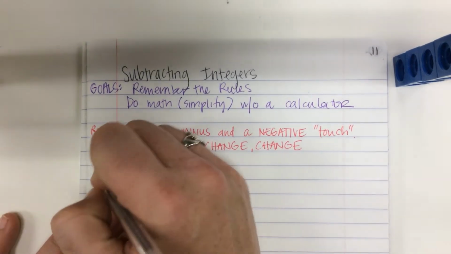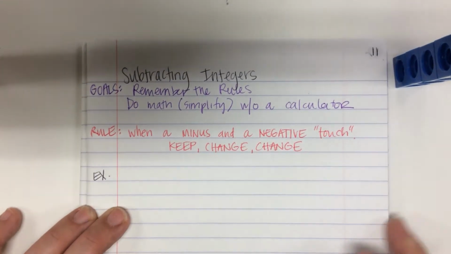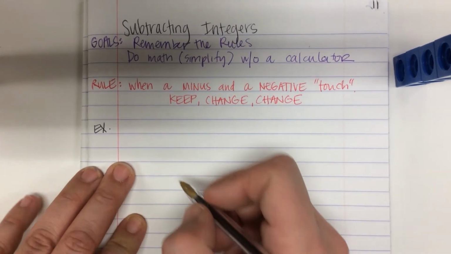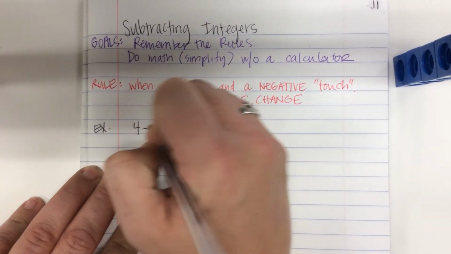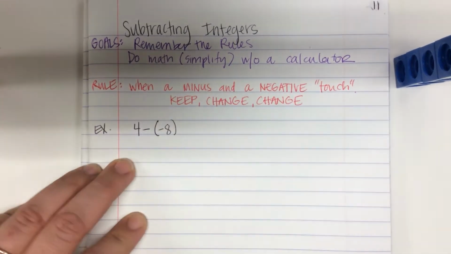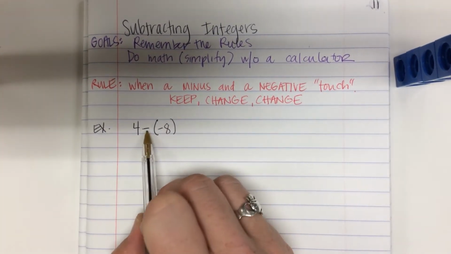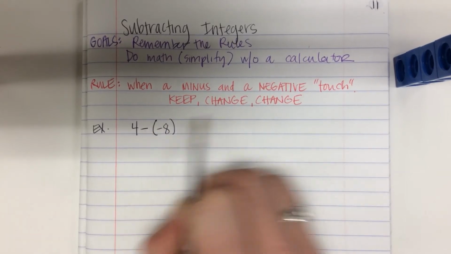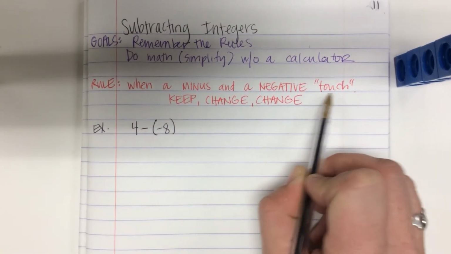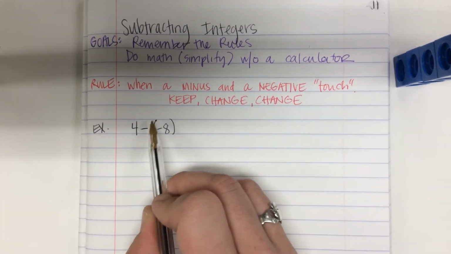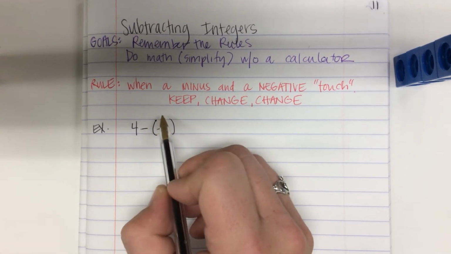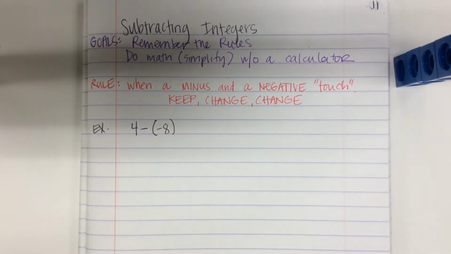For example, 4 minus negative 8. Do you see how a minus touches the negative? There's no number between. That's why I put touch in quotations, because there's a parentheses separating them. But we're going to write out every single step.